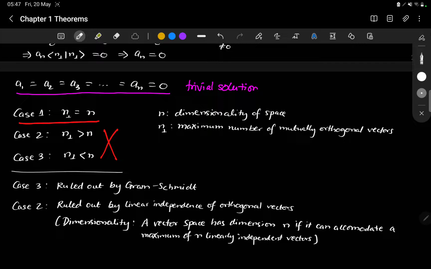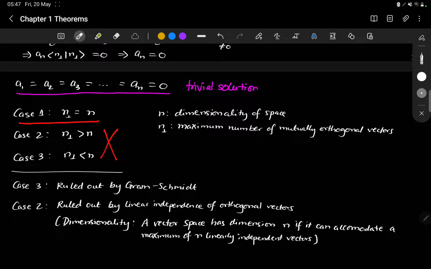So by the definition of dimensionality, a vector space of dimension n can only have a maximum of n linearly independent vectors. So definitely n perpendicular cannot be greater than n, because n perpendicular is also the number of mutually orthogonal vectors, and mutually orthogonal vectors are also linearly independent vectors.